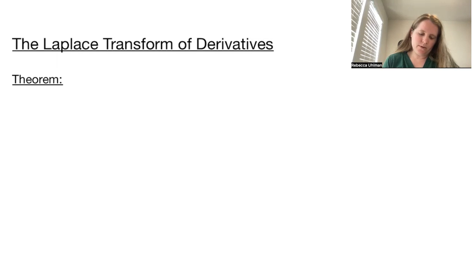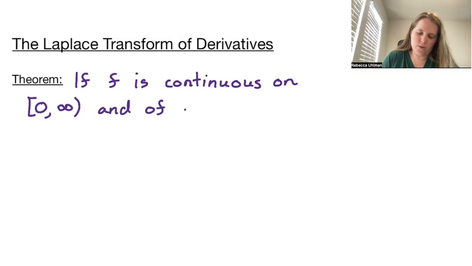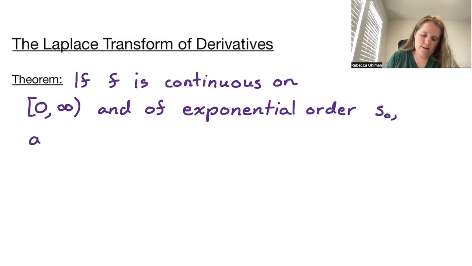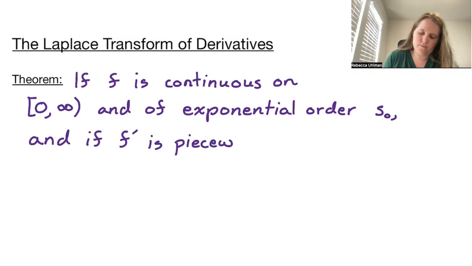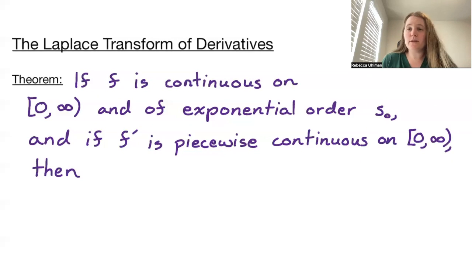The theorem that we're going to work with is: if f is continuous on the interval from 0 inclusive to infinity, and of exponential order s naught, and if f prime is piecewise continuous on 0 to infinity, then the following statements are true.